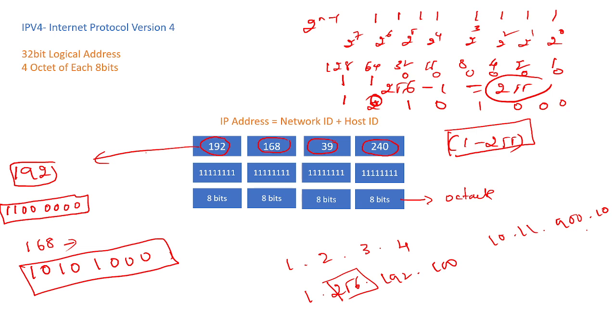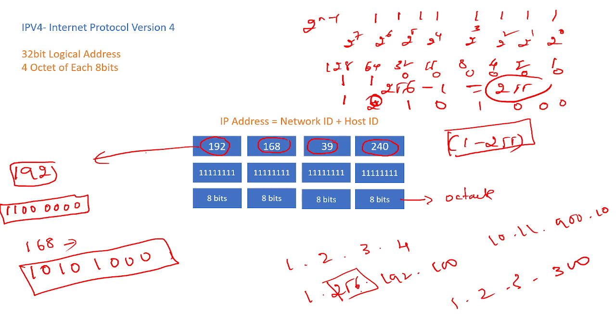Invalid. Now 1.2.3.300. Invalid. Irrespective of the octet, any octet which has more than 255, then it is invalid. Now you know whether an IP address is a valid IP address or not. Correct, right?